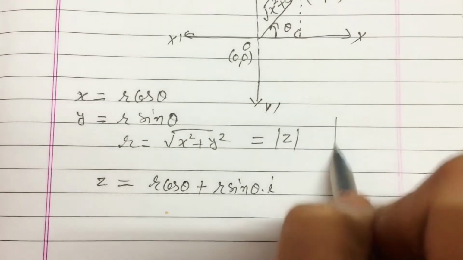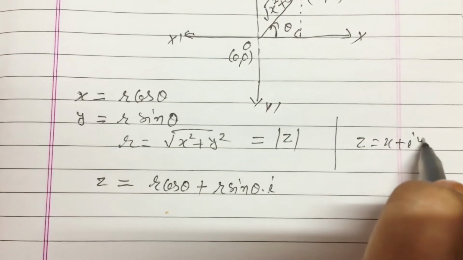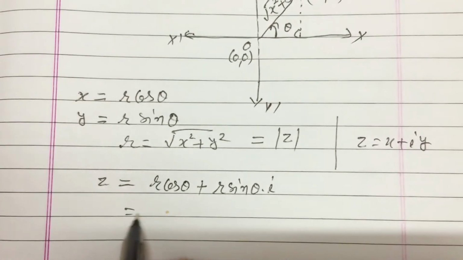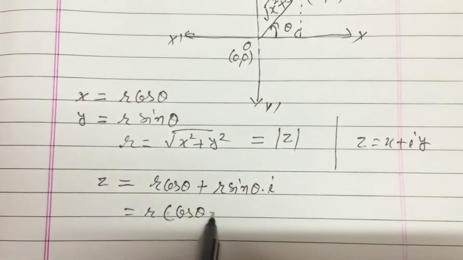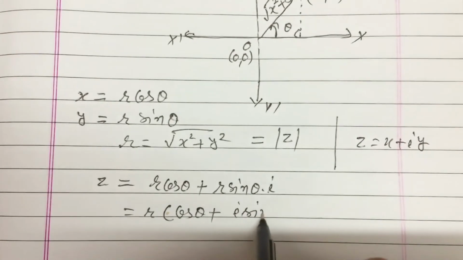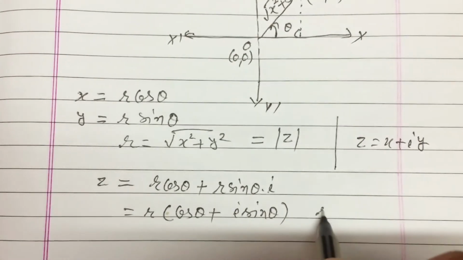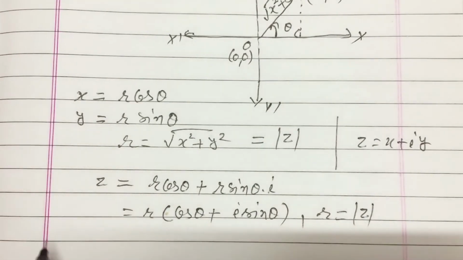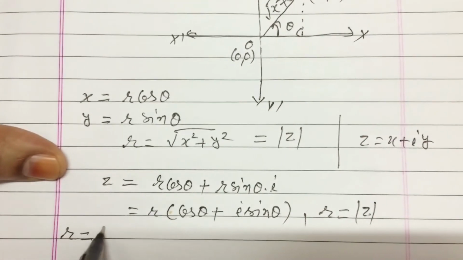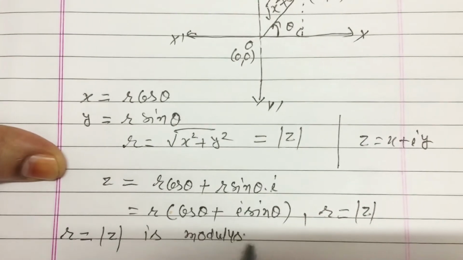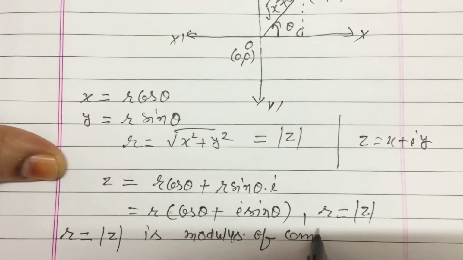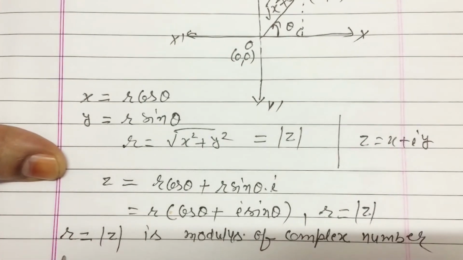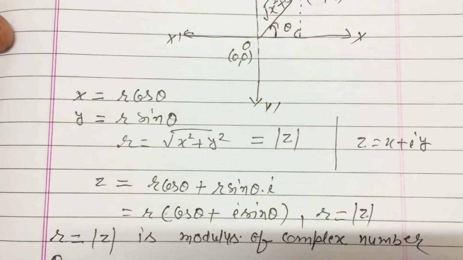Since z is x plus iy. Okay, now students, r is common, and here cos theta plus i sin theta, and r is mod of z. Okay, it is the modulus. Here r, mod of z, is the modulus of the complex number, and theta is the angle.